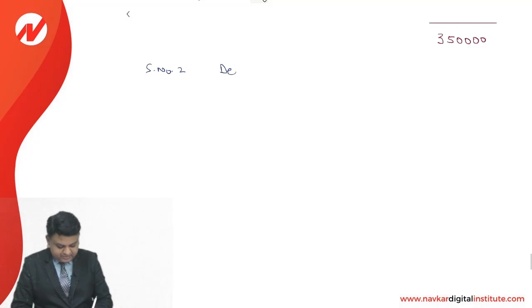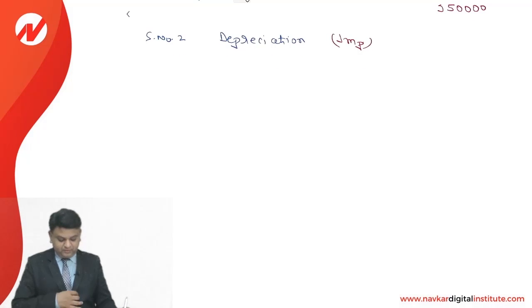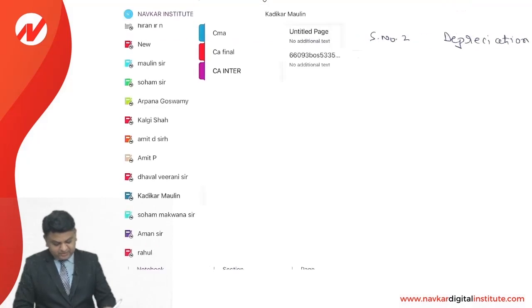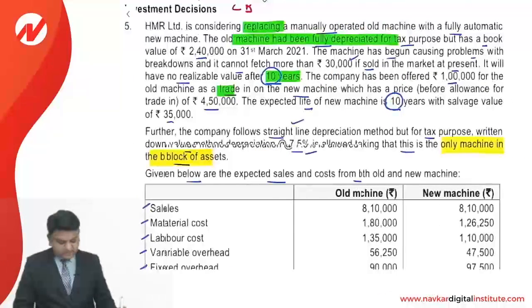Step number 2 is depreciation. In my opinion, this is an important working note from the examination point of view. The question provides the information that an amount of 2,40,000 is the book value. Always remember that the book value of the asset is never relevant for the purpose of calculation of the cash flow.